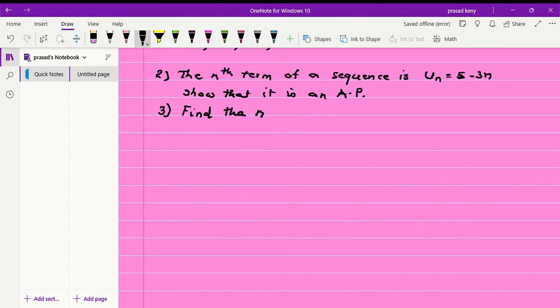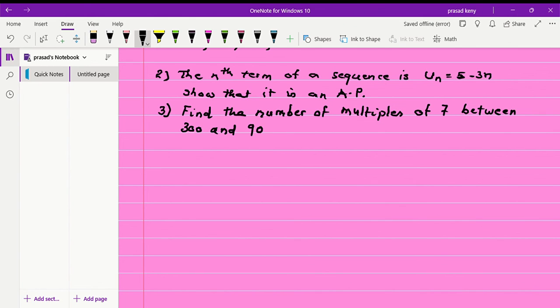Then third, find the number of multiples of 7 between 300 and 900.